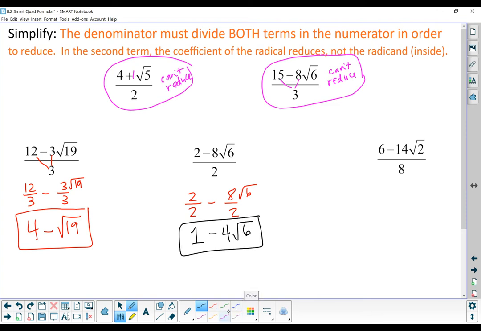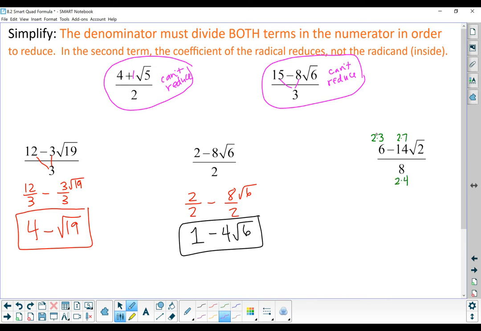This last one is an example of the most difficult type to reduce. So the 6 and the 8 don't simplify to a whole number, and the 14 and the 8 don't simplify to a whole number, but all of these terms have a common factor of 2 that can reduce. 6 is 2 times 3. 14 is 2 times 7, and 8 is 2 times 4.